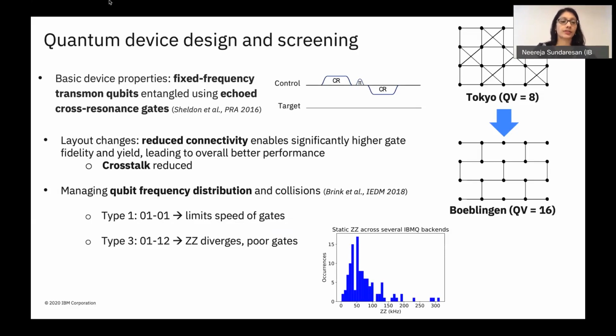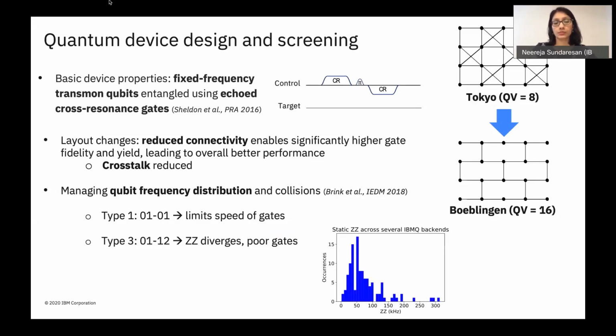Another collision is when the 0-1 transition of 1 qubit is close to the 1-2 transition of a coupled qubit. As we approach this resonance condition, the static ZZ diverges. In the worst case, we cannot drive good 2 or even 1 qubit gates. So we try to avoid these situations.